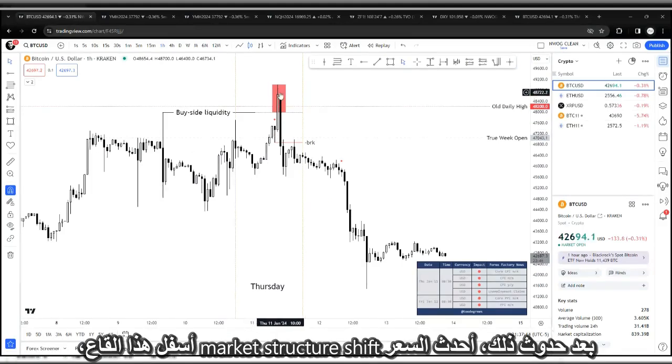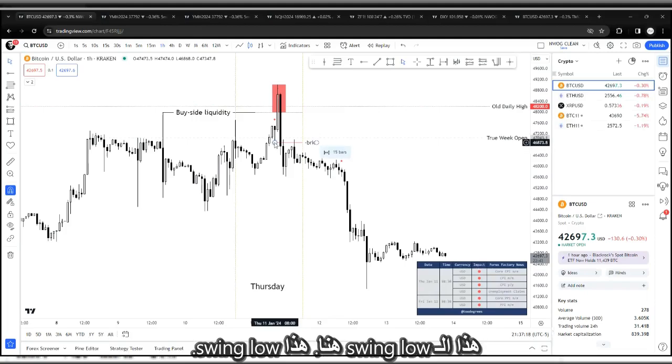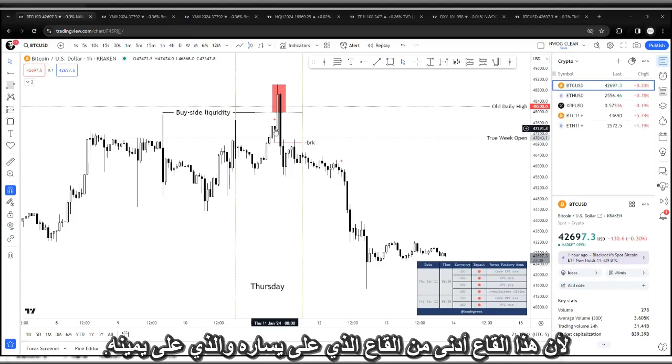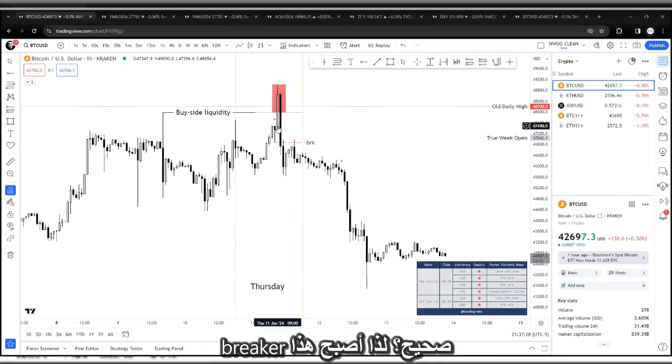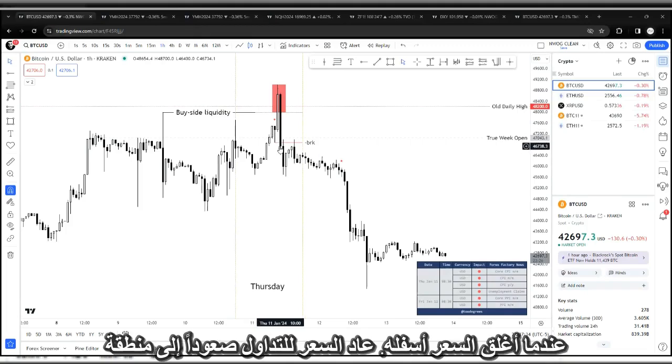After this happened, price shifted market structure below this low. This swing low right here, this is a swing low because this low is lower than the one to the left and the one to the right. Right? So this became a breaker when price closed below it.